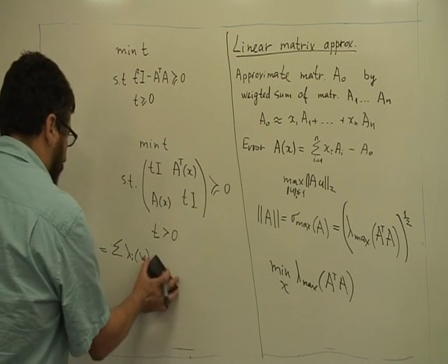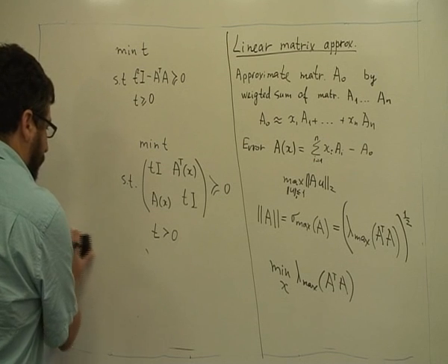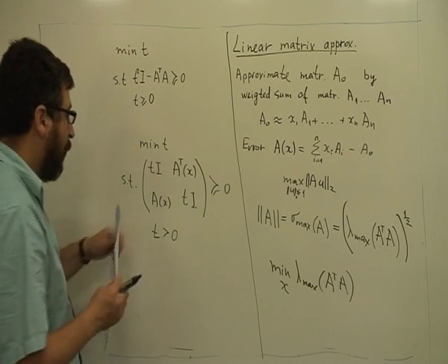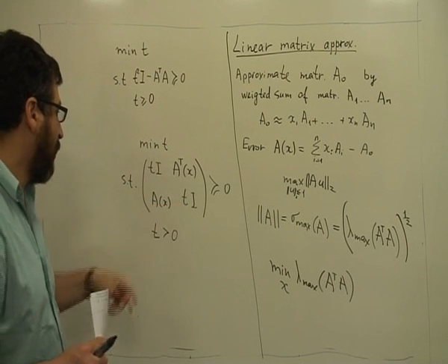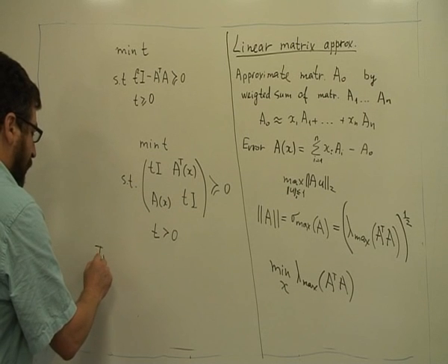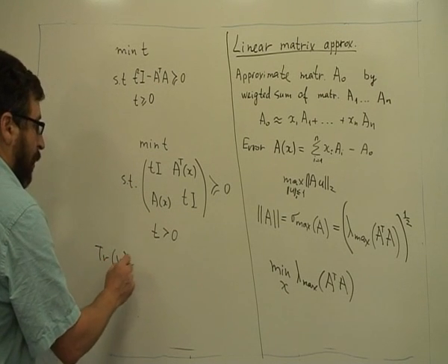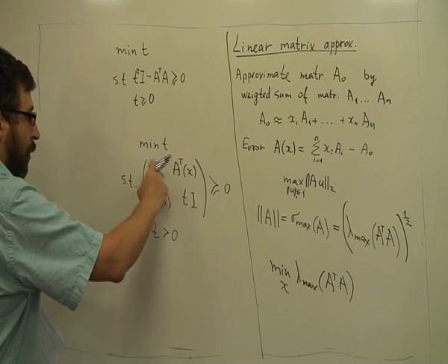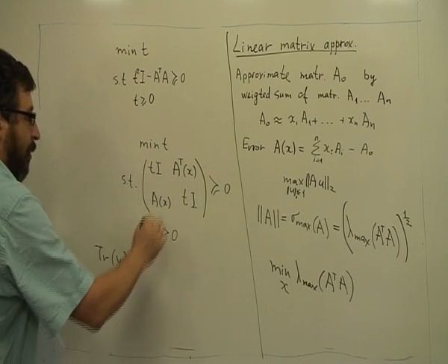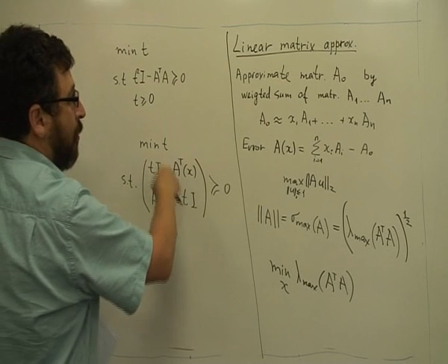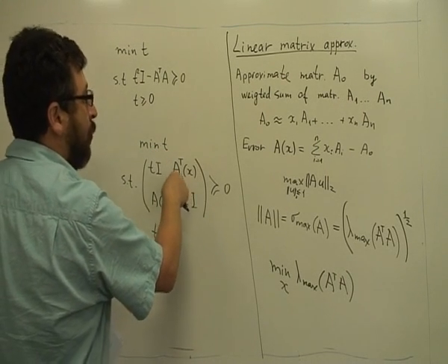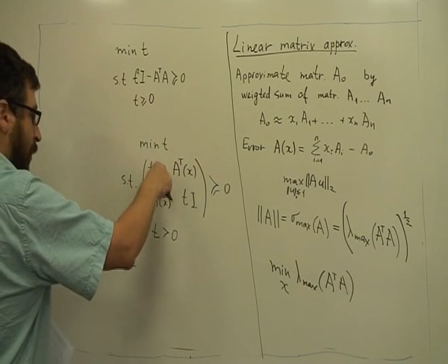Then let's see what the trace of this matrix is. If we call it W, then the trace of W is equal to, here is the identity, m times, where m is the size of the matrix.